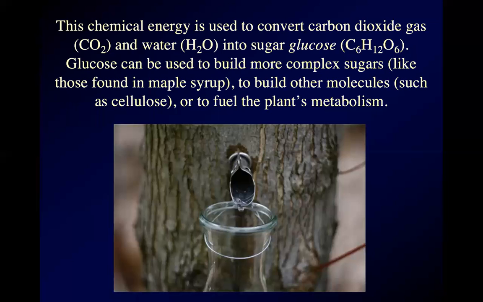This, by the way, is the trunk of a maple tree up in maybe Vermont or possibly Canada. The maple has had a spout driven into it called a spile. And what you can see here is the sap of the maple tree is dripping out of the spile into a container. And then the sap is going to get boiled down until it thickens.